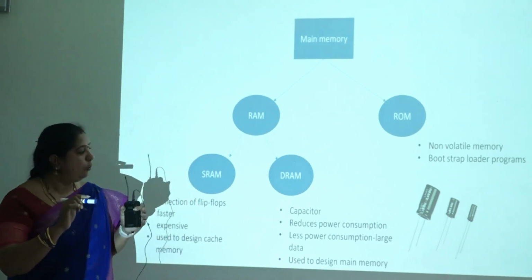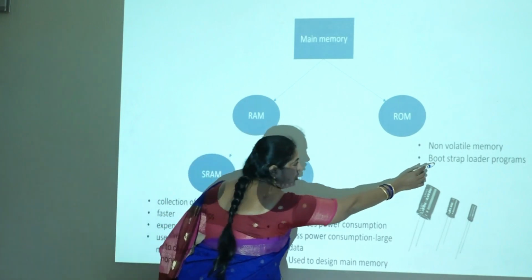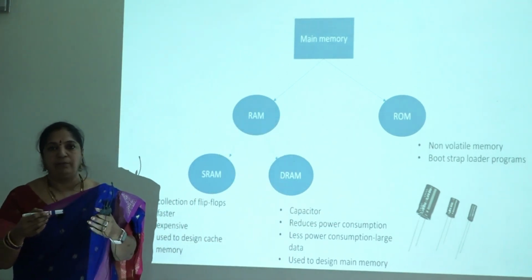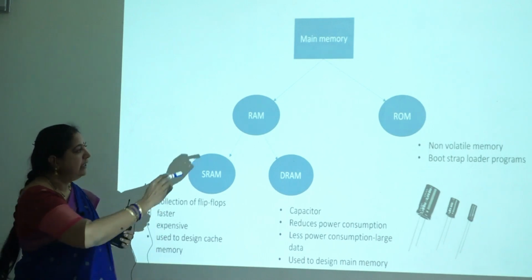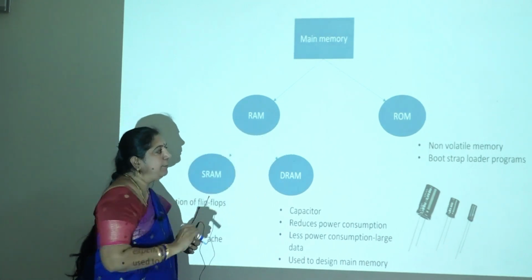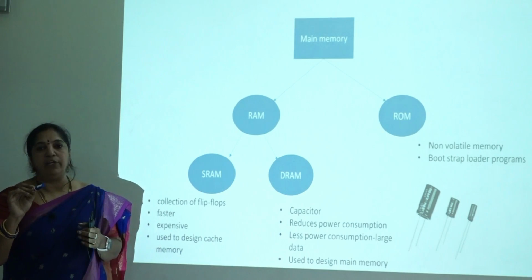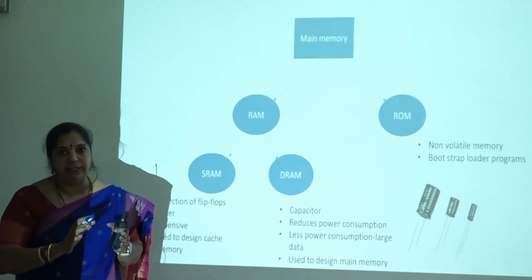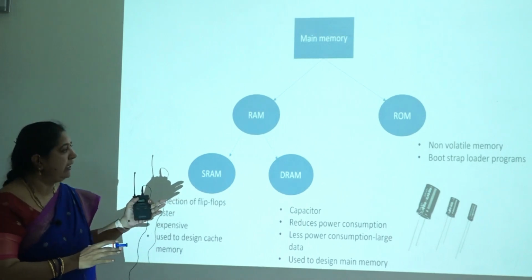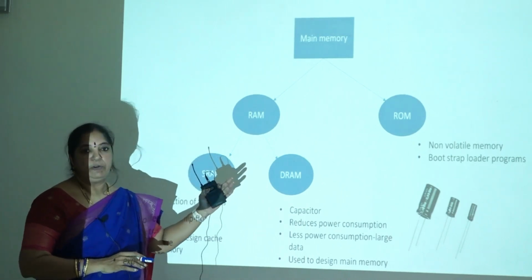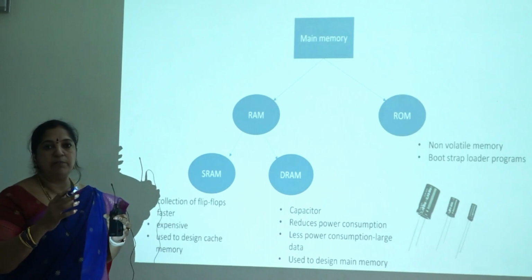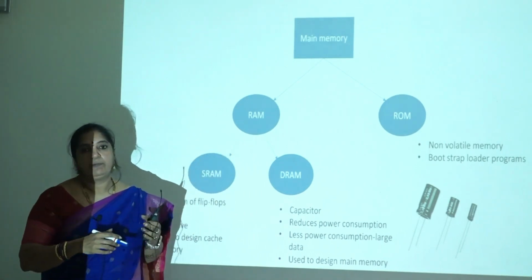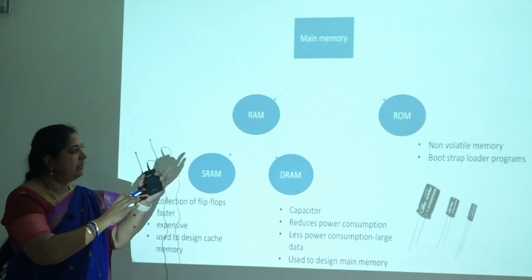All this is nothing but bootstrap loader programs. Automatically they will be executed. So for that reason, in main memory we have a part, read only memory, where we cannot write anything, we can only read from it. It is non-volatile memory, and the programs which are mandatory to run, such as bootstrap loader programs, are available in the ROM.